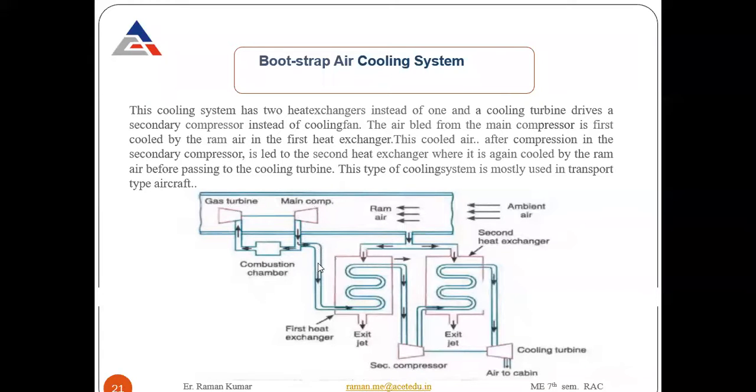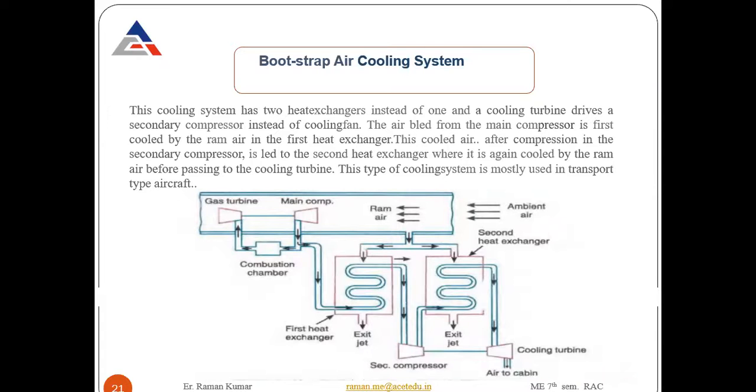The rest of the air passes through the first heat exchanger. When the hot air passes through this first heat exchanger, it is cooled with the help of the rammed air, whose temperature is much lower than the air coming from the main compressor.